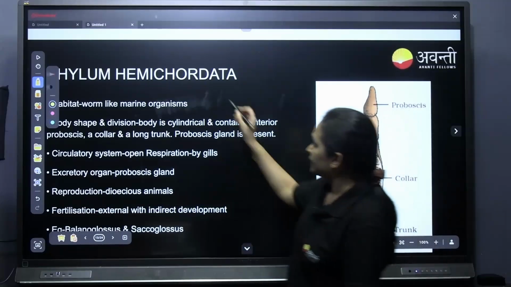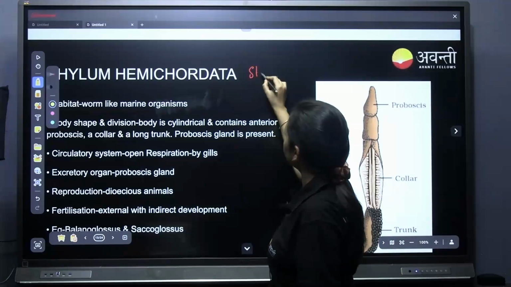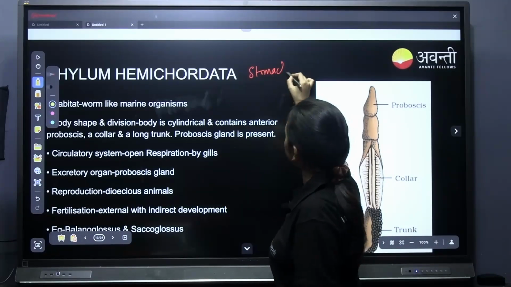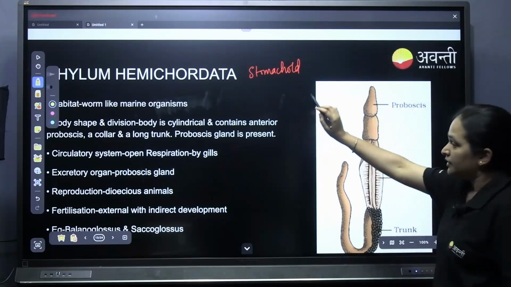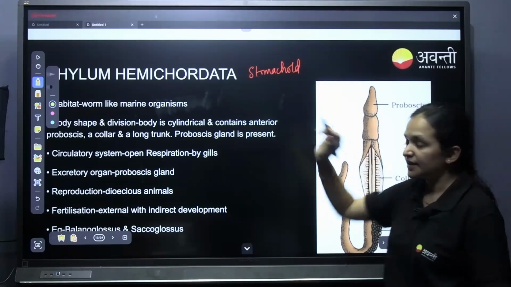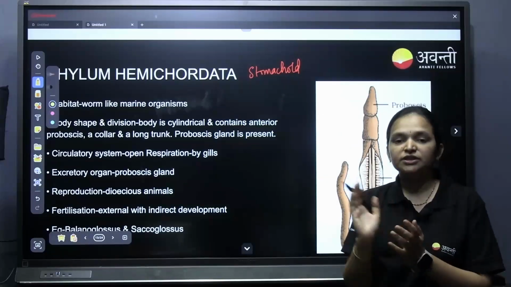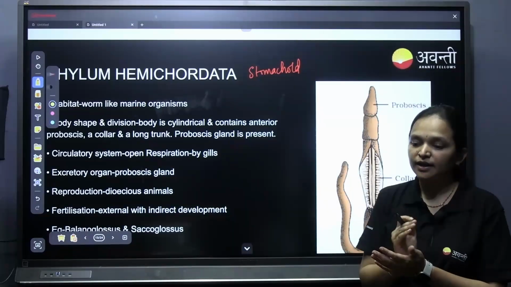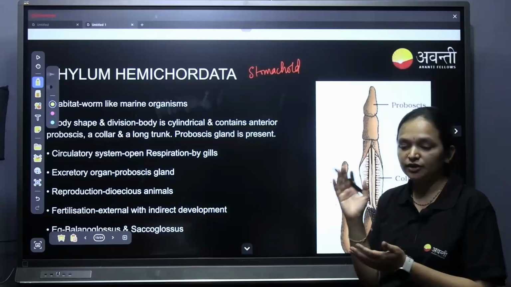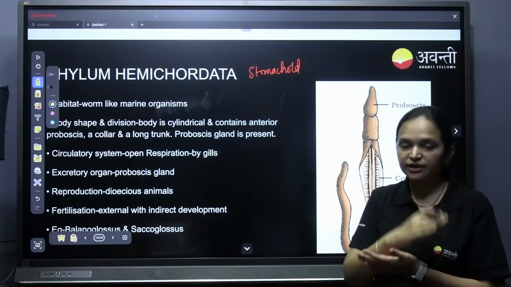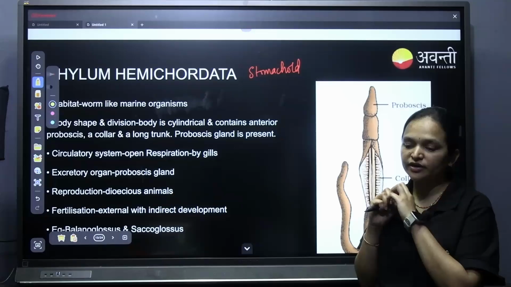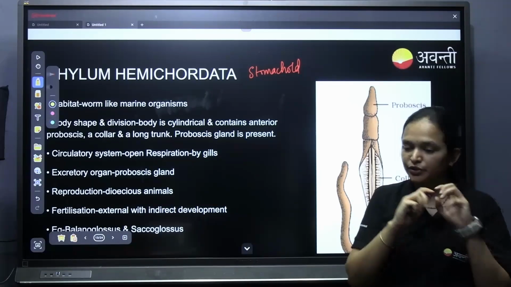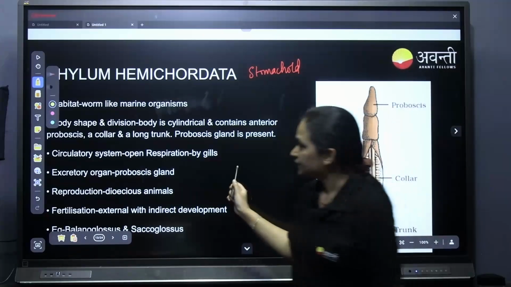Because they had something called stomochord. So they thought that the stomochord was the notochord. Later they got to know that it's not a notochord, so they picked the hemichordates out of the chordata phylum and put them into a different phylum.